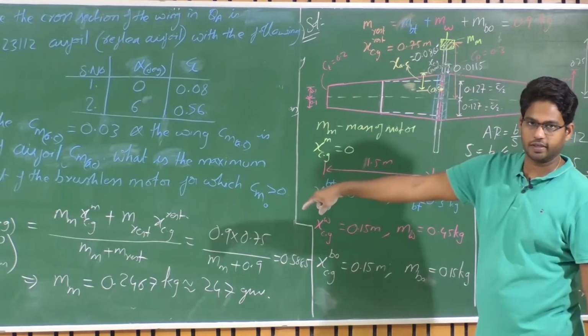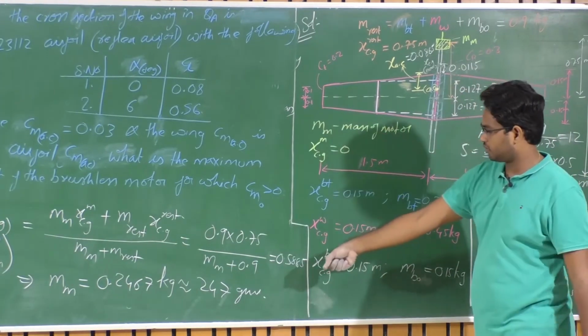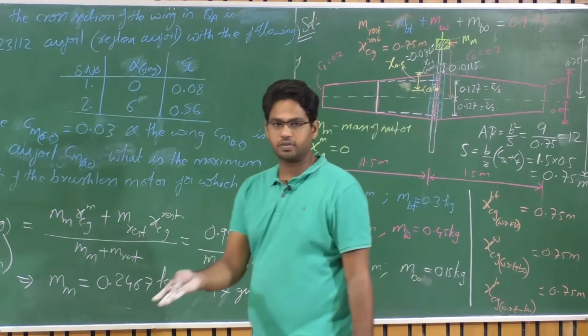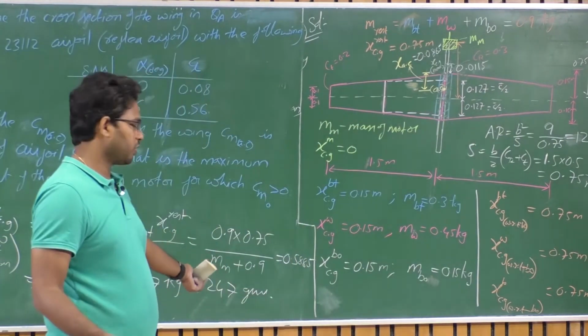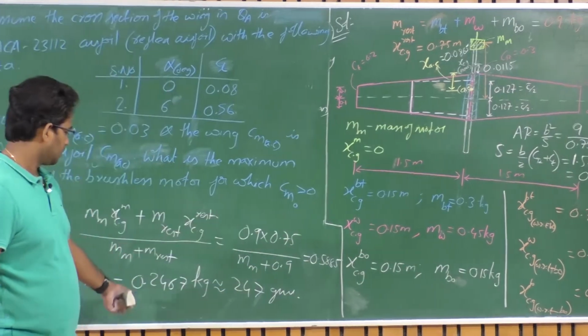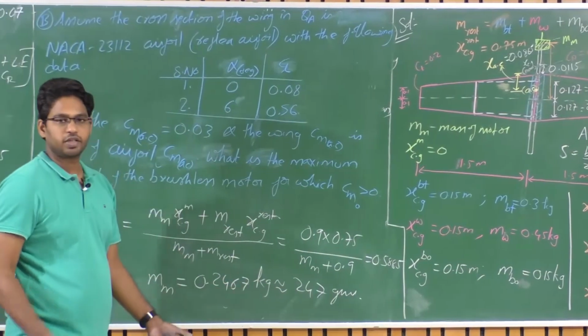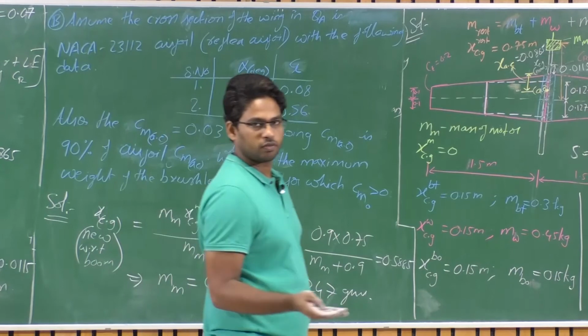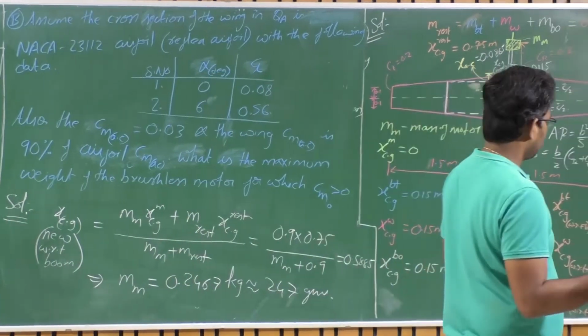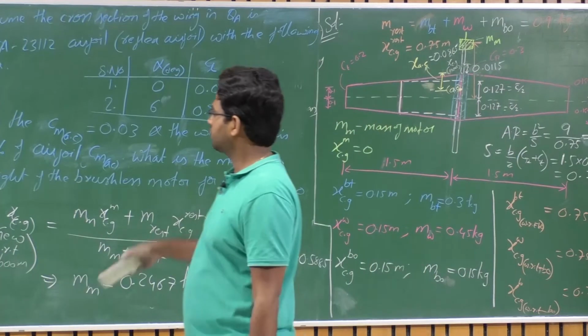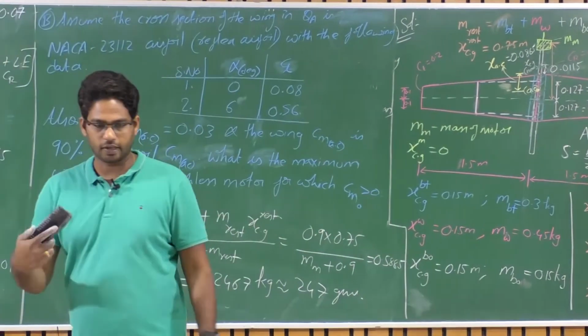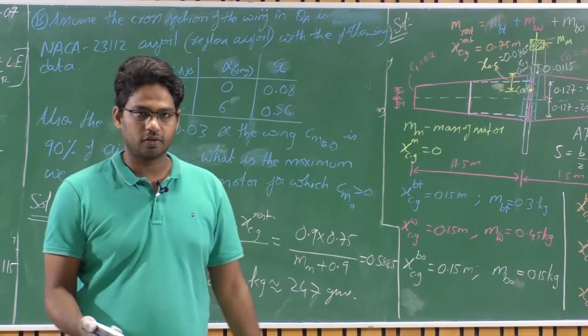That is how we calculated. Anything a gram less than this will make Cm naught positive. So this is the maximum weight, and this is how the CG shifts and how you can play with Cm naught and Cm alpha of the configuration.